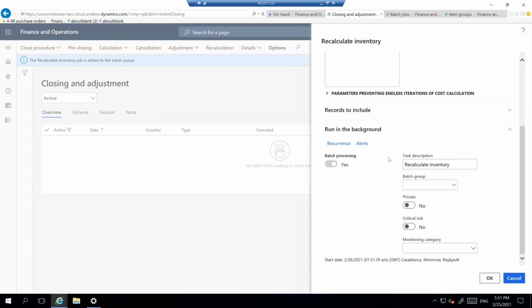Okay. Actually, if it is optional, then I can disable this batch job.